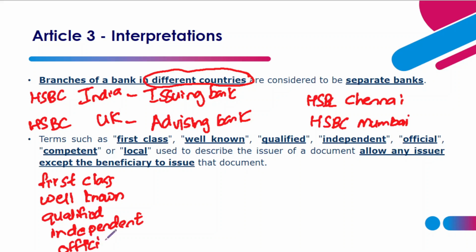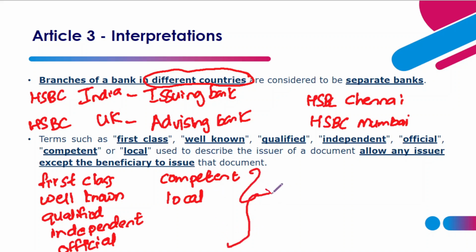Official, competent, and local. All these terms, as long as these terms are referring to the issuer of a document. Okay. Just because of this, it doesn't mean that you can't have these words in the LC at all. If in case these are in the LC and they refer to an issuer of a document, then we have a problem. Okay.